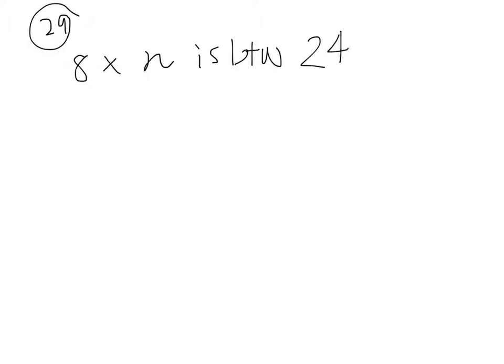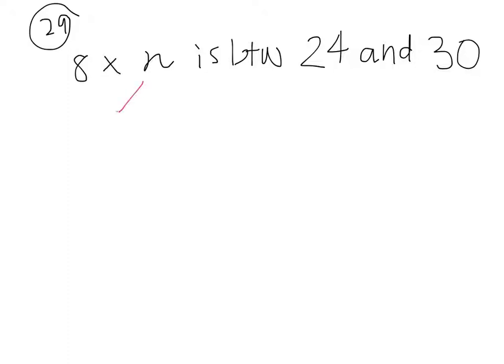Okay, so in our practice problems, there's number 29. And number 29 says 8 times the number n is between 24 and 30. So what number would give me 24?